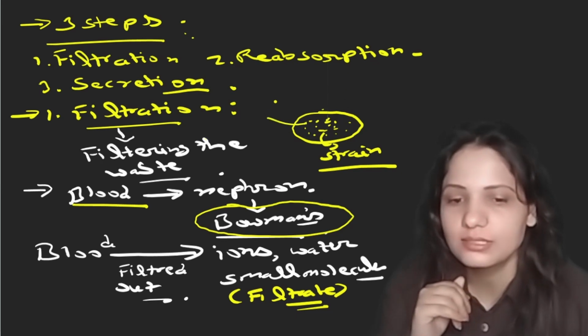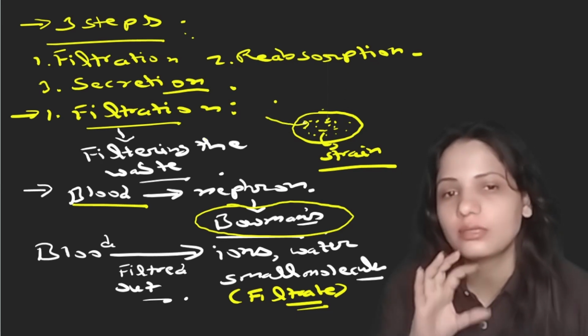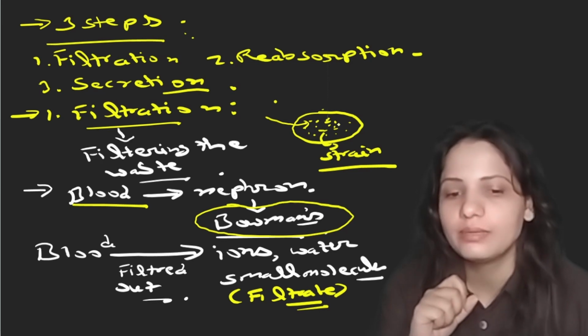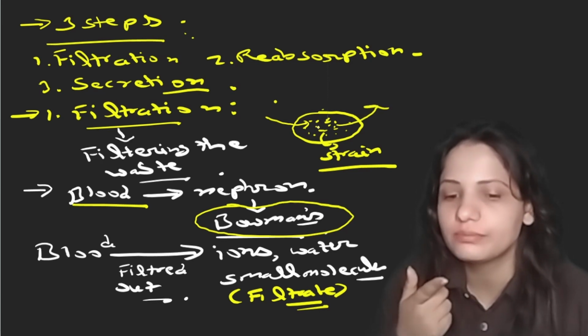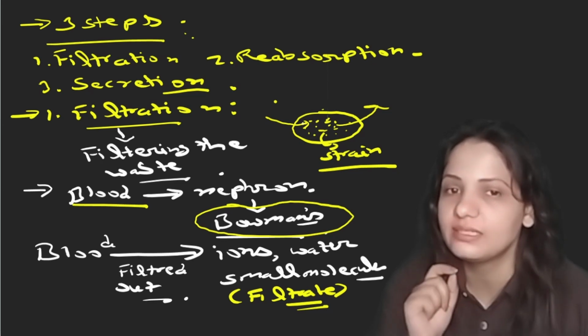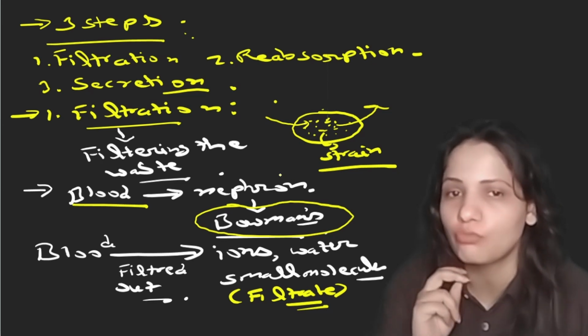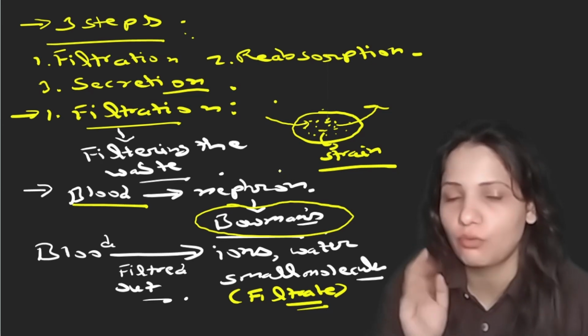As the blood passes through this Bowman's capsule, the cup-like structure of the nephron, blood is filtered out. And what will be filtered out from the blood? Filtrate. And this filtrate consists of ions, water molecules, and other small chemical molecules.